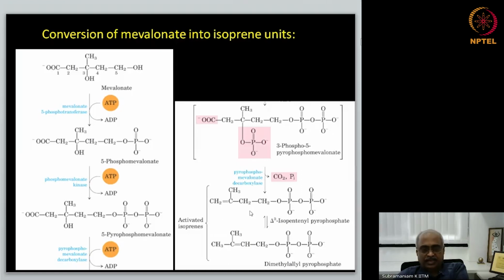So isopentenyl pyrophosphate. Then this can isomerize, switching this double bond, to form dimethylallyl pyrophosphate. And this IPP and DMAPP, these are the activated isoprenes.